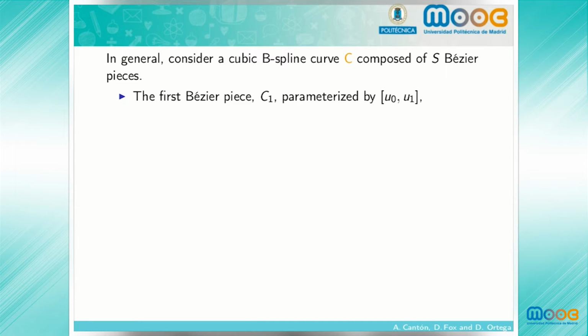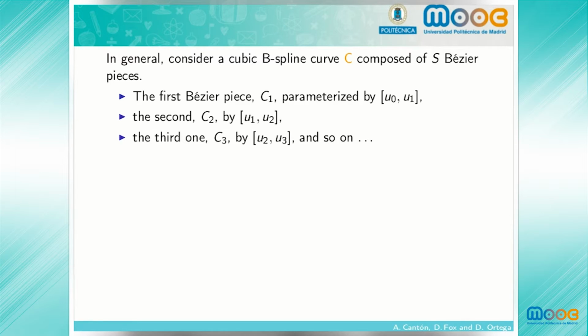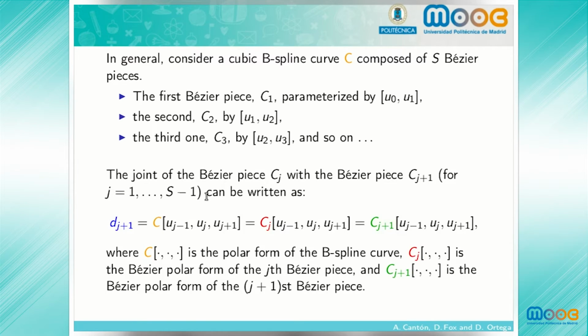In general, if we consider a cubic B-spline curve C composed now of S Bezier pieces, the first piece C1 parameterized by U0, U1, the second piece C2 parameterized by U1, U2, the third one C3 parameterized by U2, U3, and so on, the joint of the Bezier piece Cj with the Bezier piece Cj+1 can be written as the polar form of the Bezier piece Cj evaluated at Uj-1, Uj, Uj+1, and it is equal to the polar form of the piece Cj+1 evaluated at the same entries.